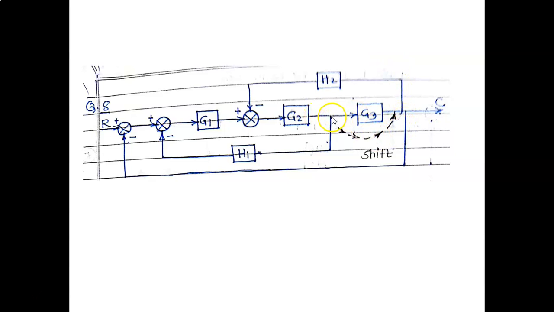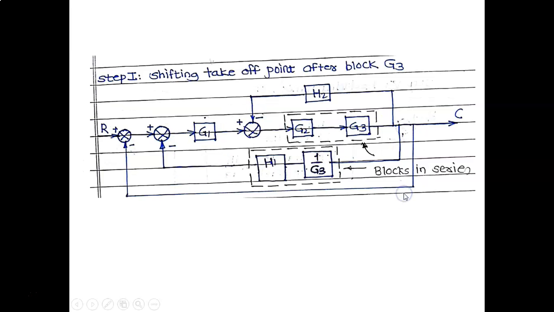Therefore what we will do, we will shift this takeoff point after this block G3. Therefore shifting takeoff point after block G3. Whenever we are going to shift the takeoff point after the block, we have to add a block having the value reciprocal of that block.